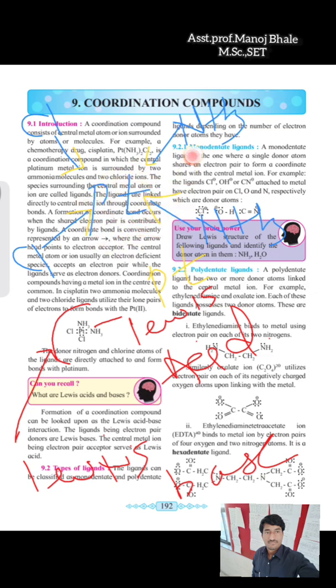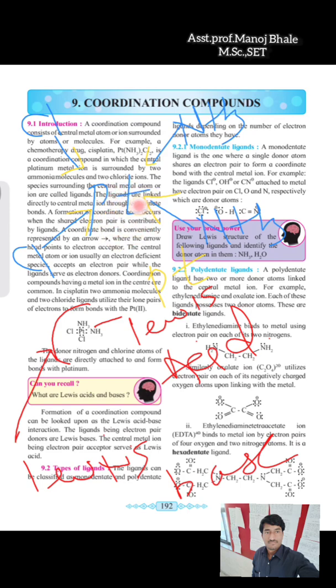That means all these are ligands. Ligands are the atoms or groups surrounding the central metal. All those atoms or groups around the central metal, what do we call them? These are the ligands, and this central part is always known as the metal.